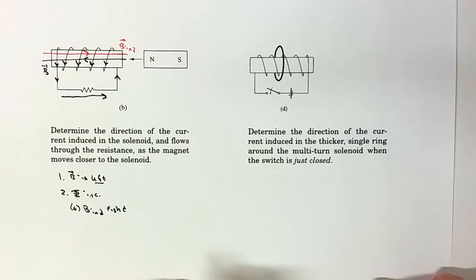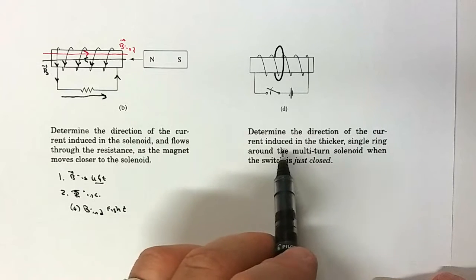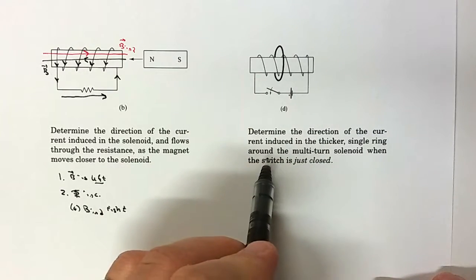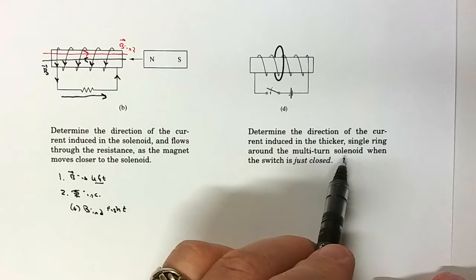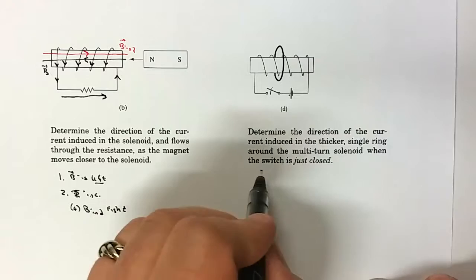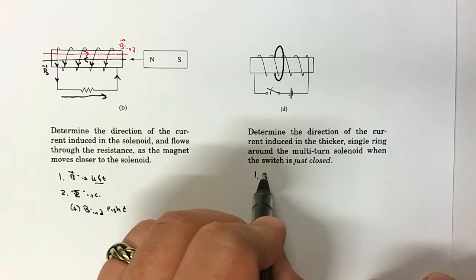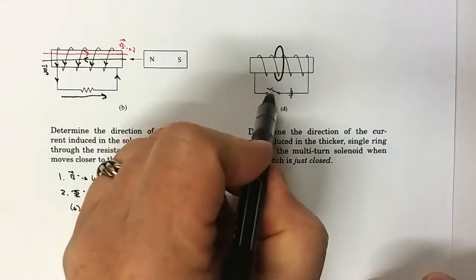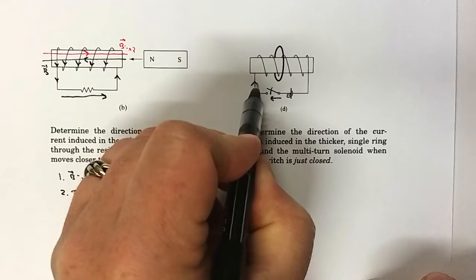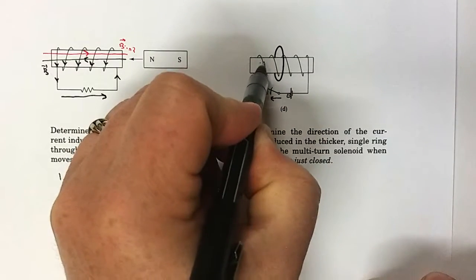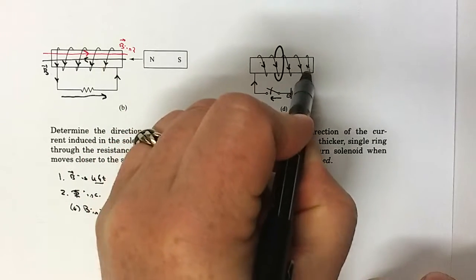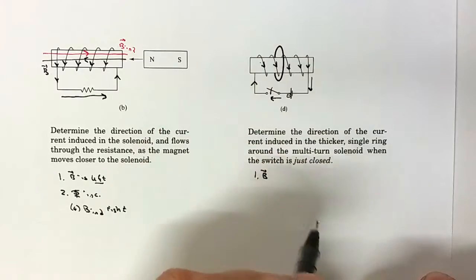Alright, the last part, D here. What's the direction of the current induced in the thicker single ring? So that's this ring here, which is around the solenoid when the switch here is closed. Alright, so what direction is the magnetic field? Well, I guess initially there isn't any, but when this switch is closed, see here's the positive terminal, current should flow up that way and then down around these wires and then back to the battery.